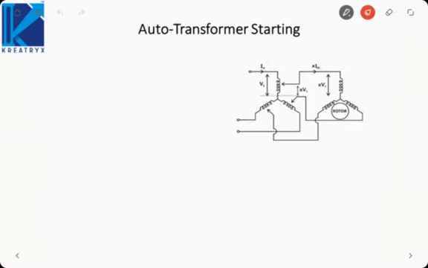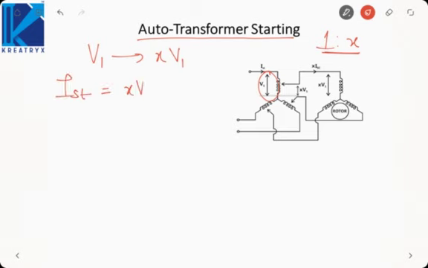The other method to reduce the voltage is the auto transformer. Here I am using the transformation ratio 1:x. If V1 is the input voltage, it will be transformed into xV1. So the starting current becomes xV1 by ZSC, which is x into ISC.